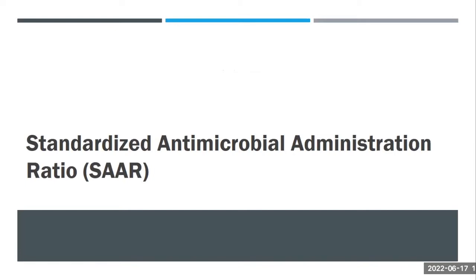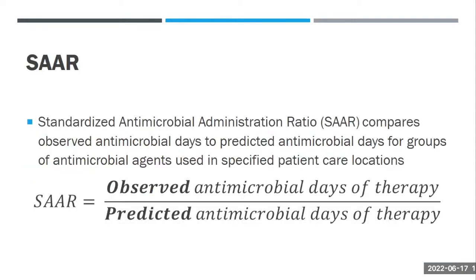So the other side of this, and really the key component of NHSN, would be the standardized antimicrobial administration ratio. And so what this does, the SAAR, compares observed antimicrobial days to predicted antimicrobial days for groups of antimicrobial agents used in specific patient care locations.